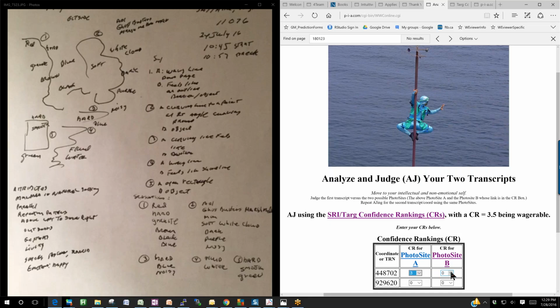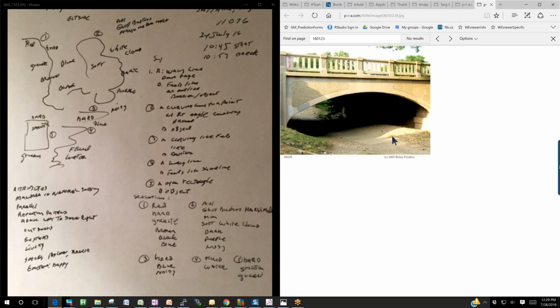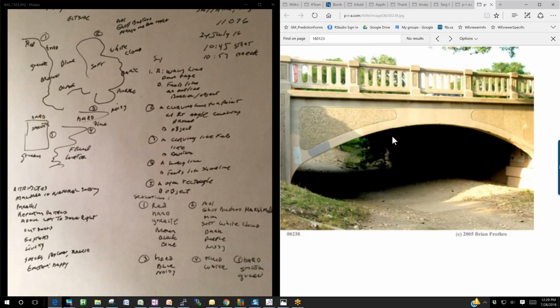Now let's judge it against photo site B, which is this one. And I can make that bigger for you. Okay, so now I look at this, and this rectangle and hard, you know, is a little bit sort of closer. I see rectangles here, the overall shape of a rectangle.